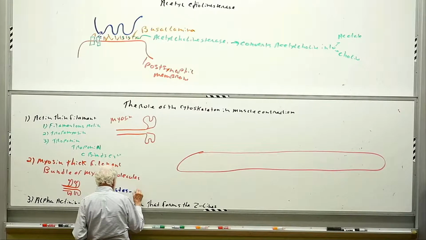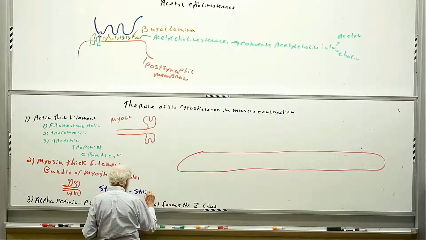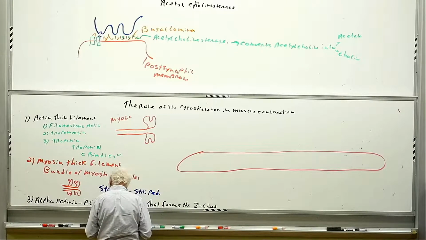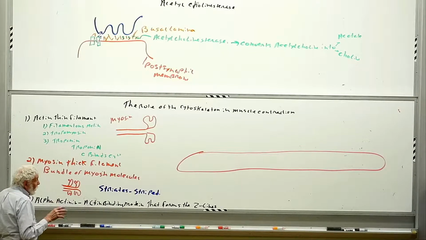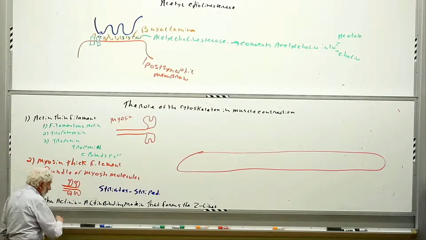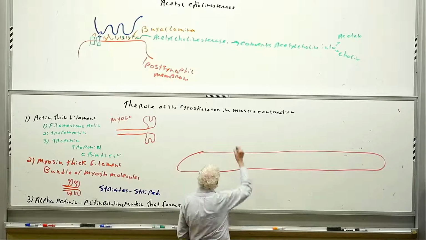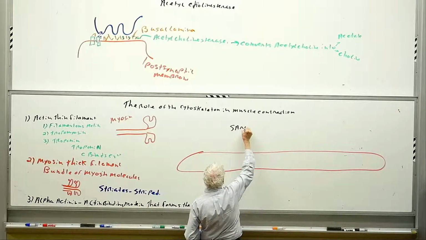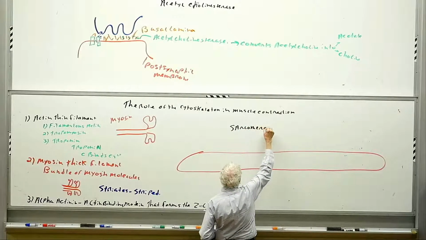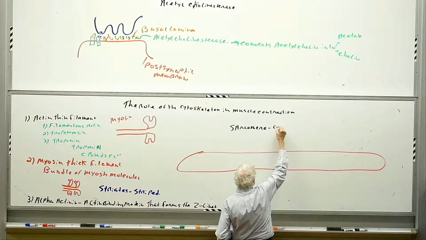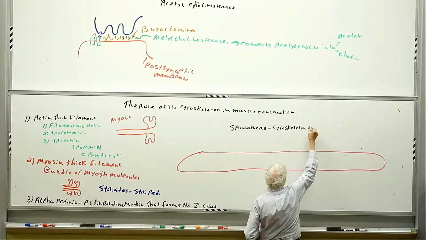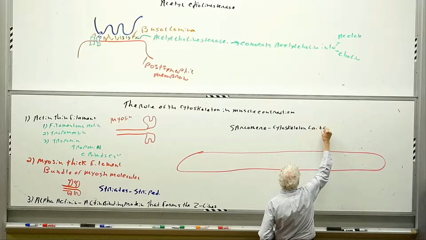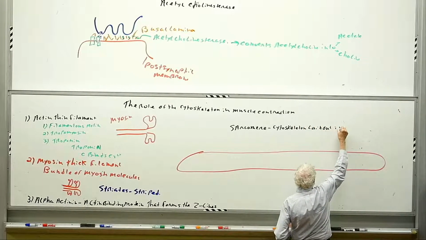It's striped. What I'm going to lay out here is something known as the sarcomere. The sarcomere is the cytoskeleton laid out in repeating units.